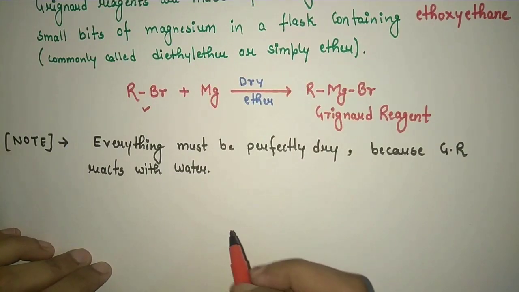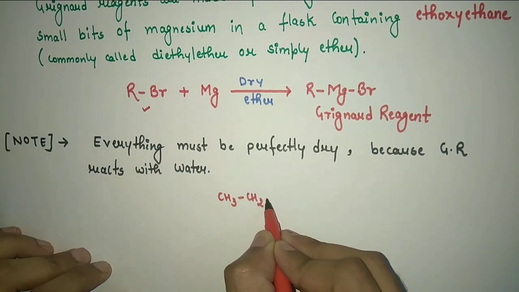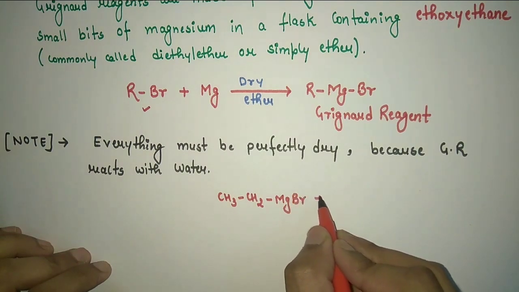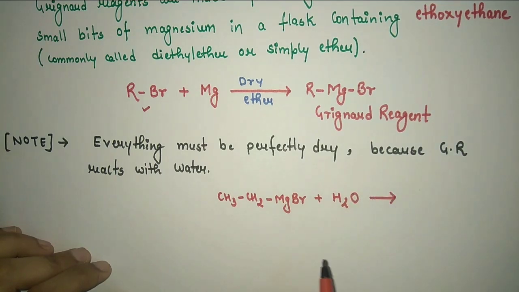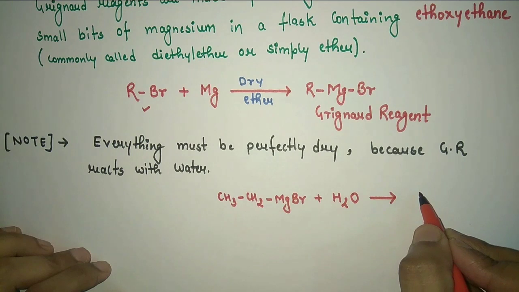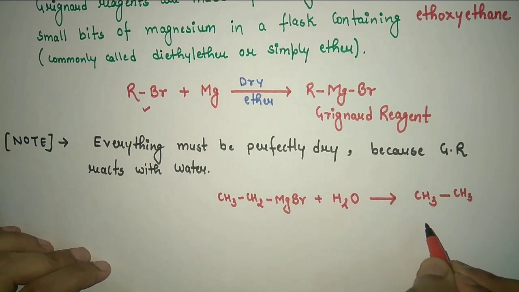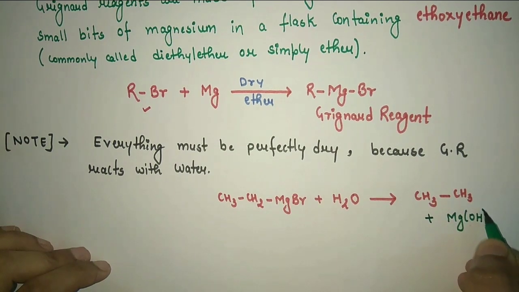Now let's see how it reacts with water. Let us suppose this is CH3CH2MgBr. This is a Grignard reagent and it reacts with water. This is a case of nucleophilic substitution reaction, and it leads to the formation of an alkane, and the byproduct will be MgOHBr, something between magnesium bromide and magnesium hydroxide.